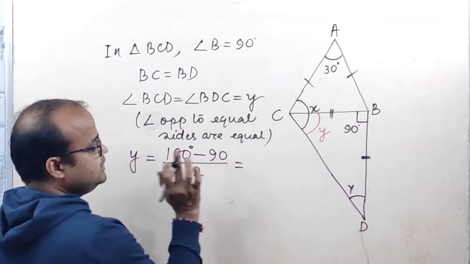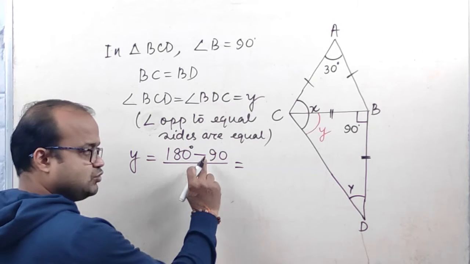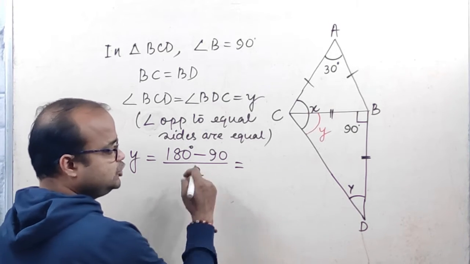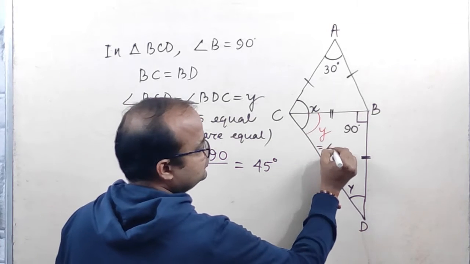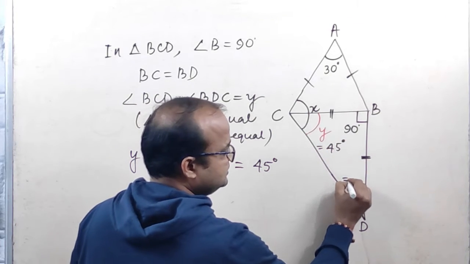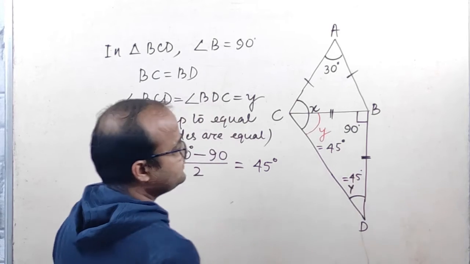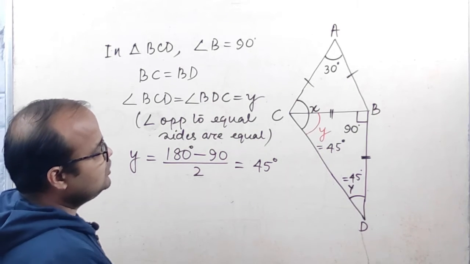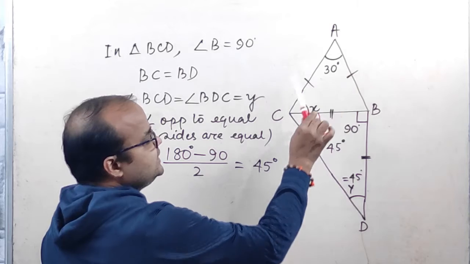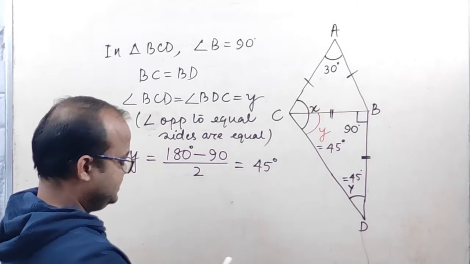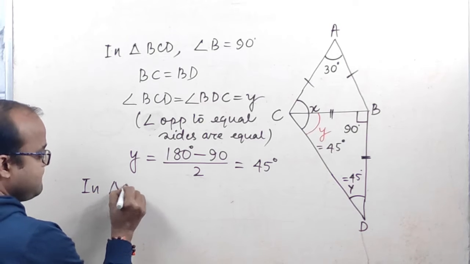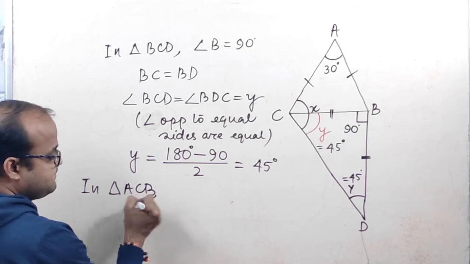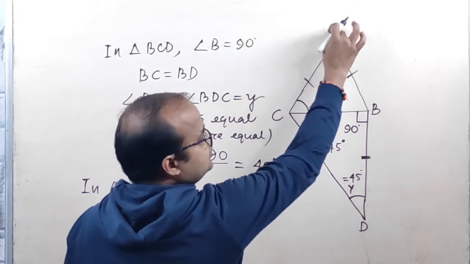So 180 minus 90 equals 90. 90 by 2 equals 45 degree. So this is equal to 45 degree and 45 degree. Now in triangle ACB, AC equals AB.